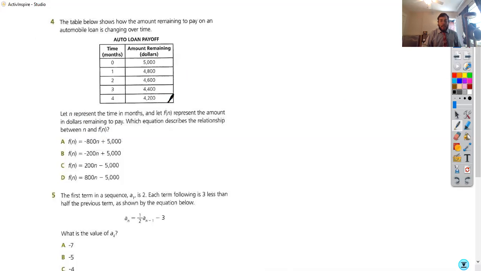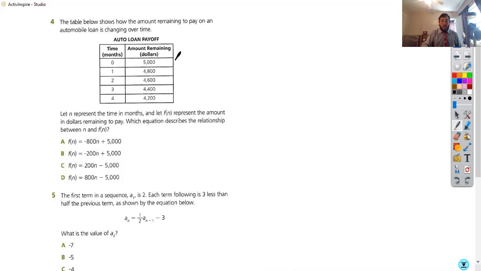Let n represent the time in months, and let f of n represent the amount in dollars remaining to pay. Which equation describes the relationship between n and f of n? So what we really want to look for here is our common difference, because our common difference is going to be multiplied with our variable n.